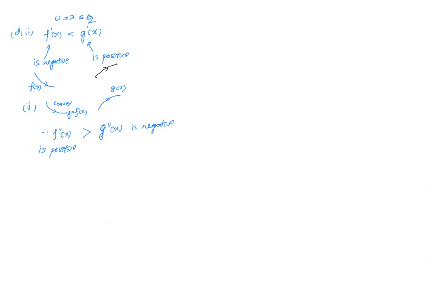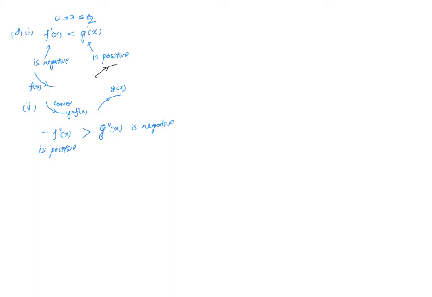Then for 2 to 7, given that the value of fx minus gx is increasing, that means fx becomes steeper and steeper. Their distance becomes further and further away. Which one statement is true? Tick the appropriate one. Why is it increasing?